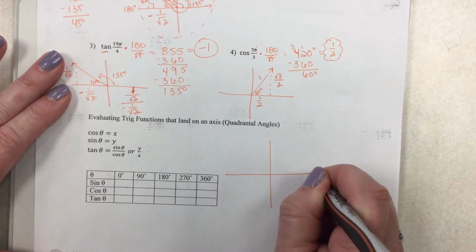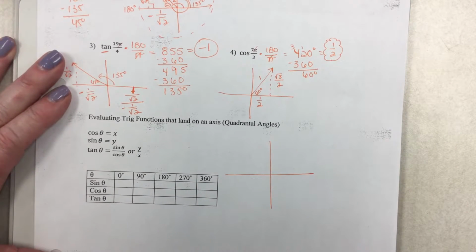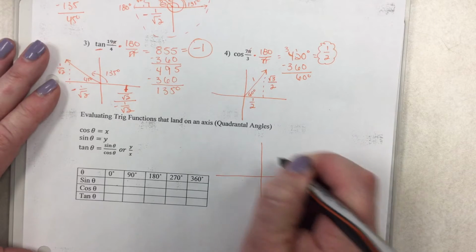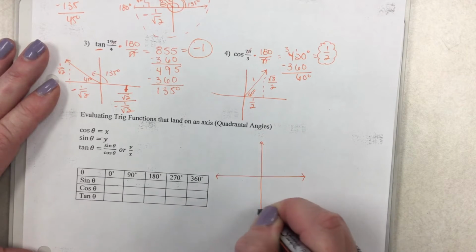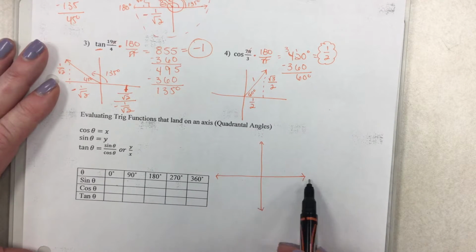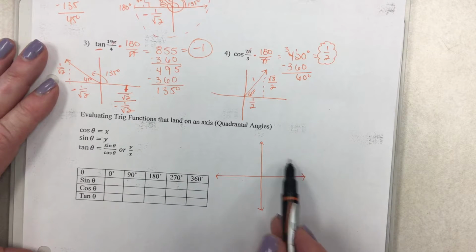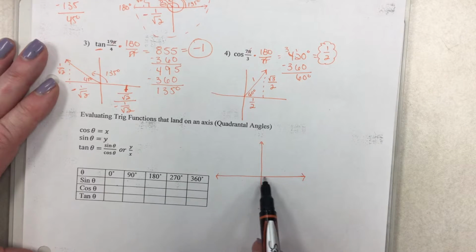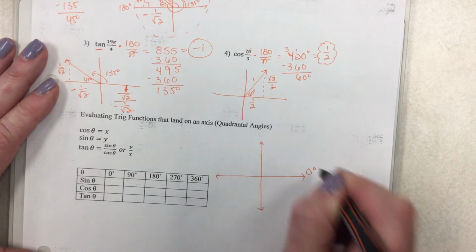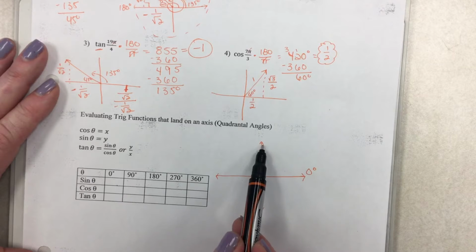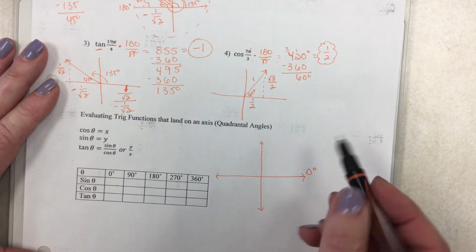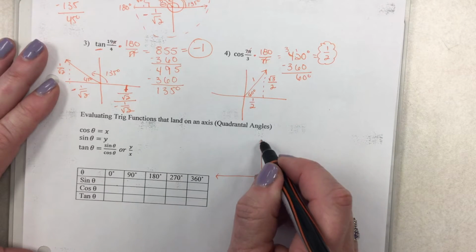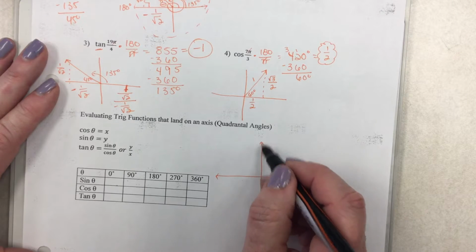So down here, I've got my x and y axis. Over here to the right-hand side, when I first start to graph, this is my initial side. If I don't rotate my ray up or down, how many degrees have I gone? If I just stayed put, I'm at 0 degrees right here. If I go up 90 degrees, I just gave you the answer.